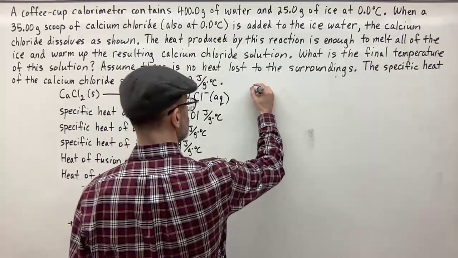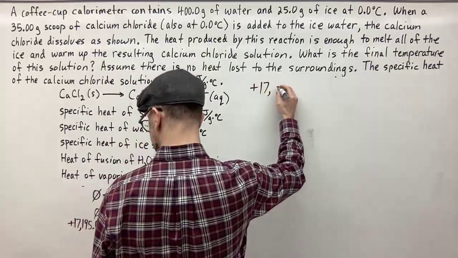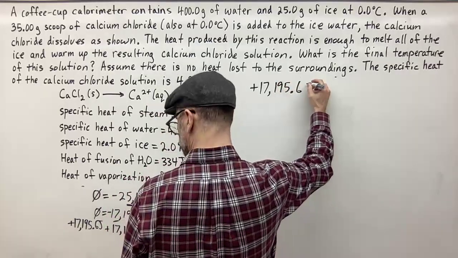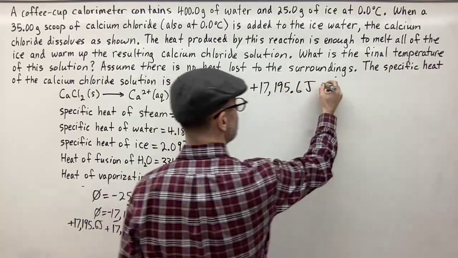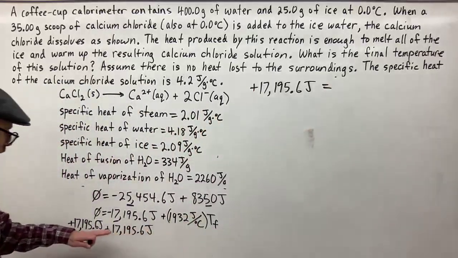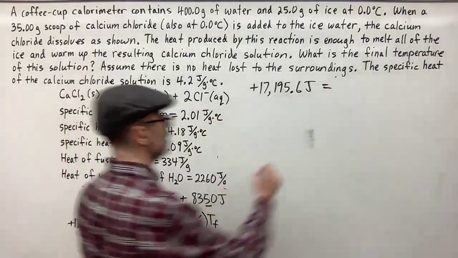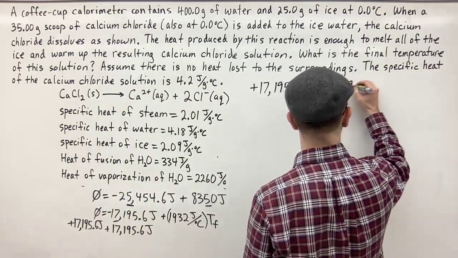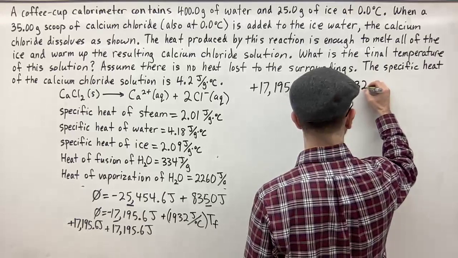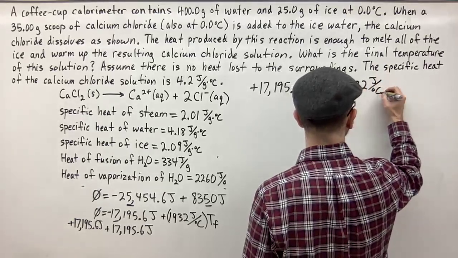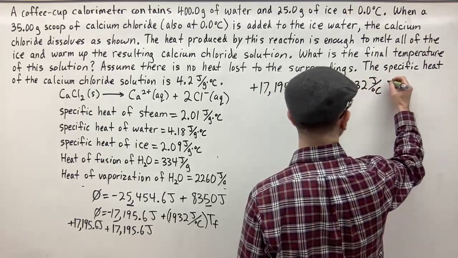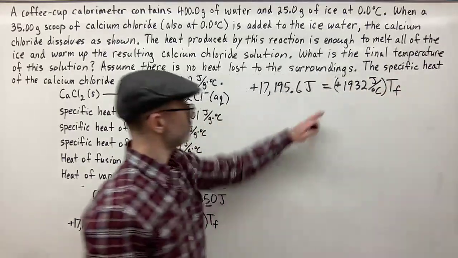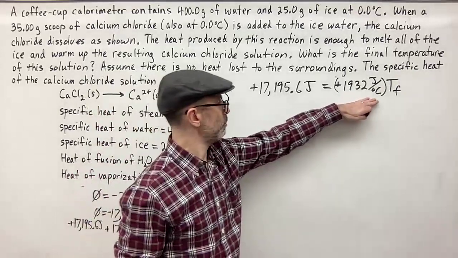So I got plus 17,195.6 joules equal to this here. So that's going to be a positive 1932 joules per degree Celsius multiplied by TF.